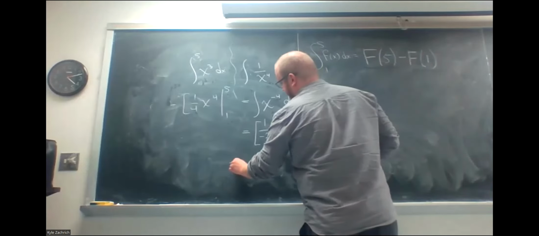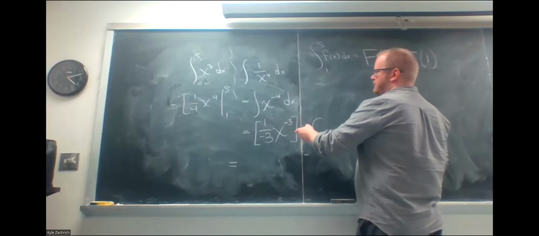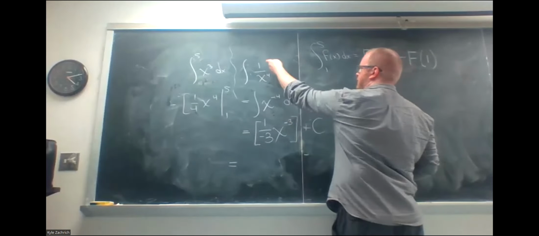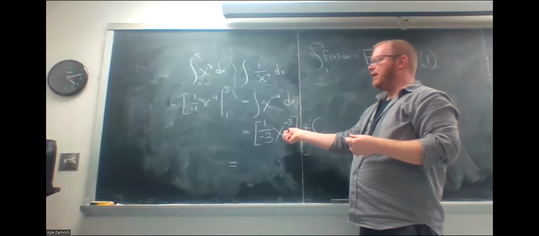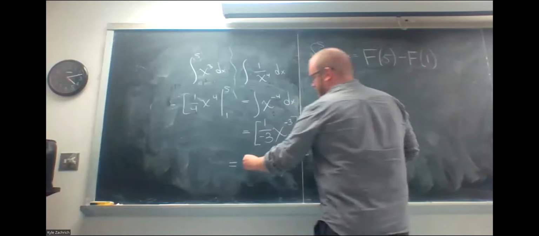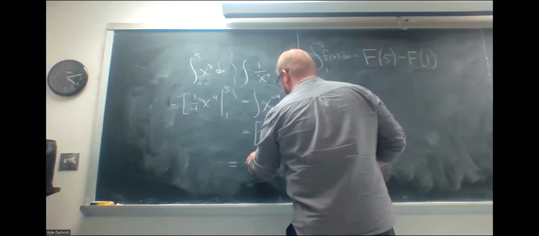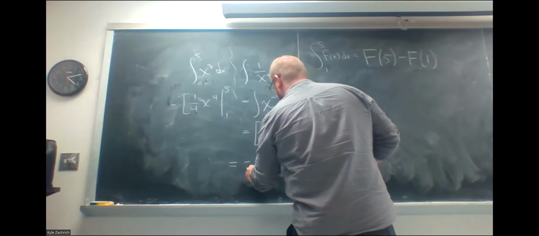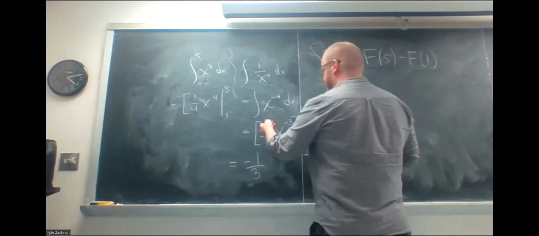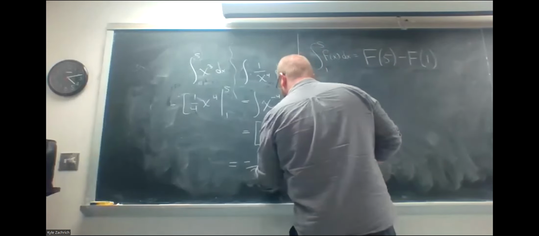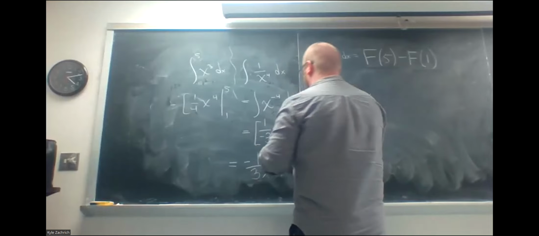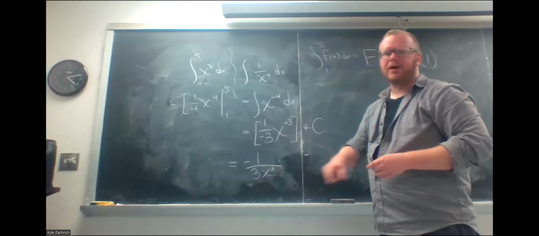One thing I would do with this is clean up this notation a little bit. Like we took 1 over x to the 4th and changed it to x to the -4th, I would put it back into a form that's a little easier to read. So this is -1/3, and then that x to the -3 is this x to the 3rd down the bottom there.